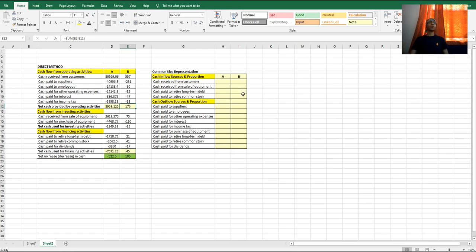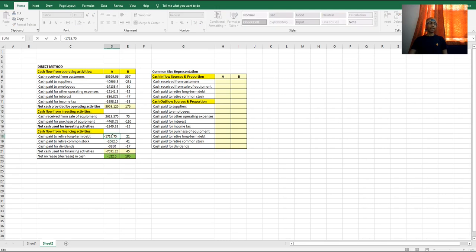What we do, in common size representation, is segregate the cash inflow sources from the outflow sources. So we write down the cash outflow sources separately and the cash inflow sources separately. Now it may so happen that what is a cash inflow for A is a cash outflow for B. For example, cash paid to retire long-term debt. This is a positive number in case of B, which means there has been cash inflow, while for A, it's a negative number.